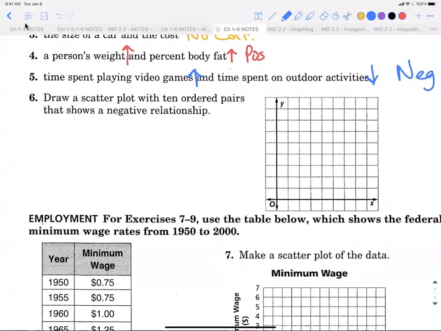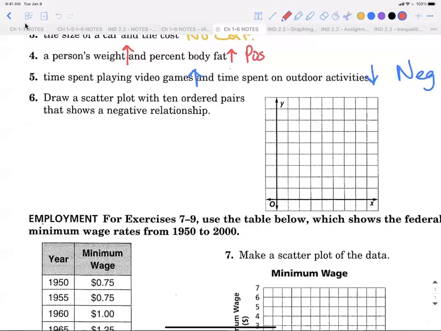So all I know is I need 10 dots on this graph, and I need them to show a negative relationship. It doesn't tell me where they have to be. It doesn't give me the ordered pairs. So I can just randomly place 10 ordered pairs or 10 points on this coordinate plane. I can put them anywhere as long as they trend kind of close together, trend downward.